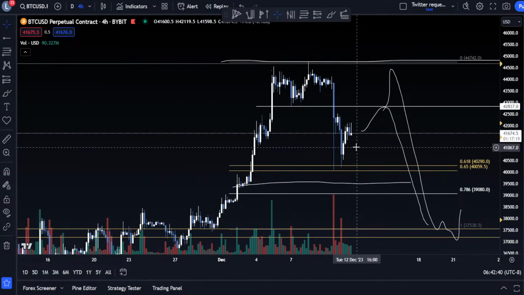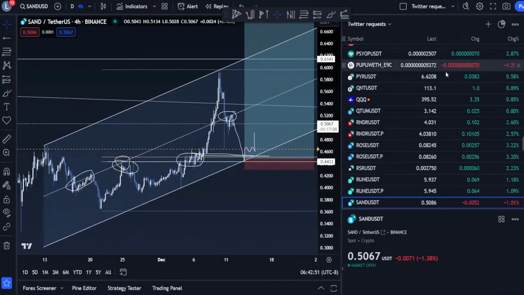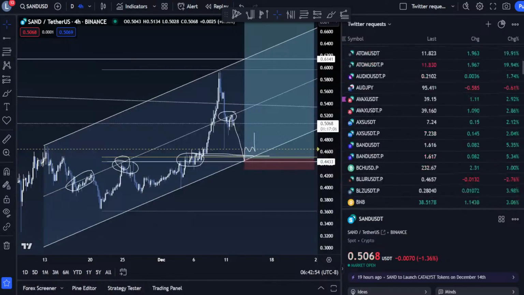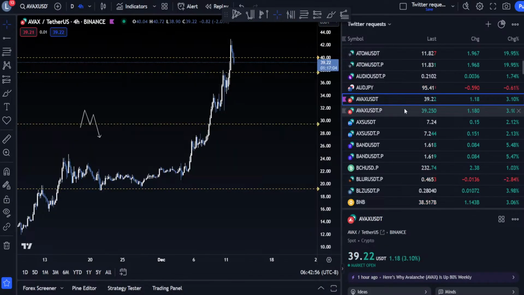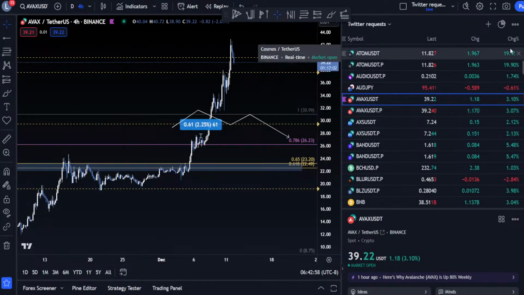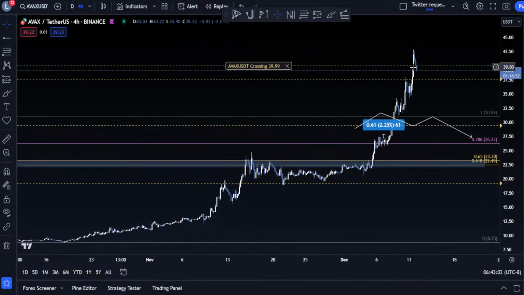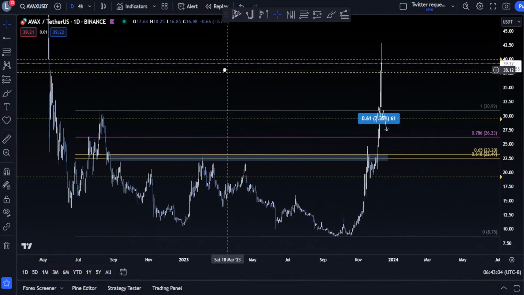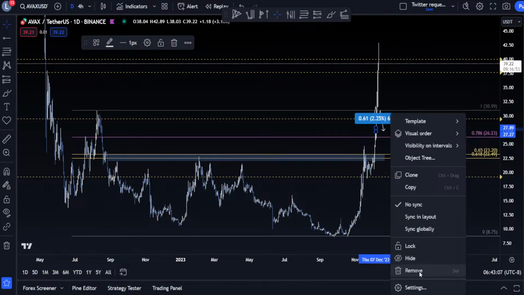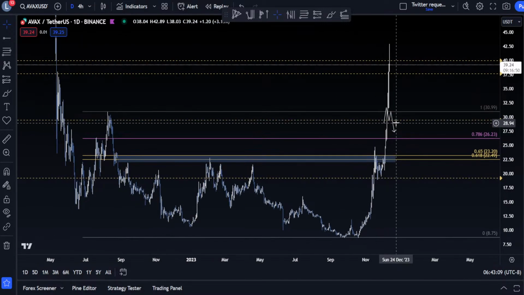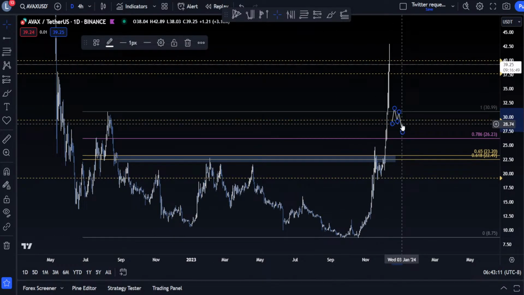So maybe take some local lows. Certainly ran through these highs.